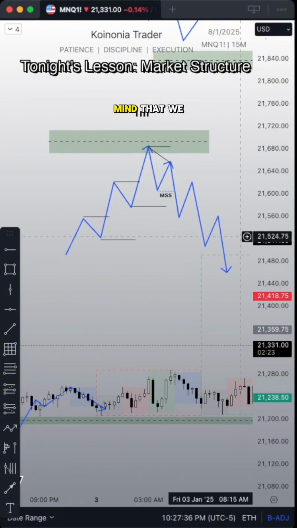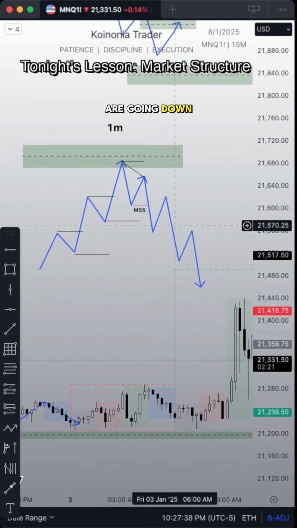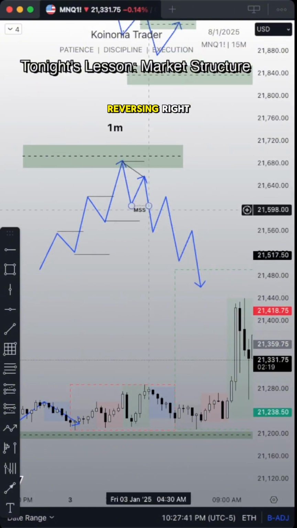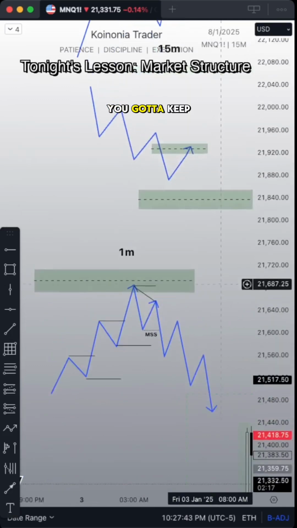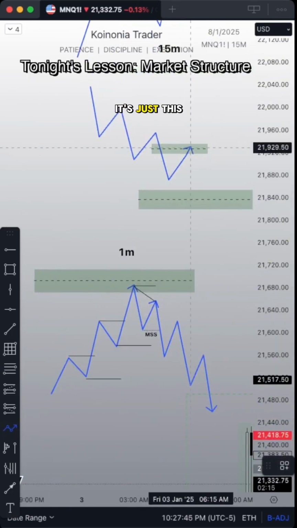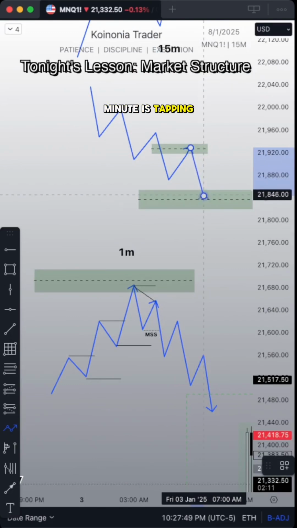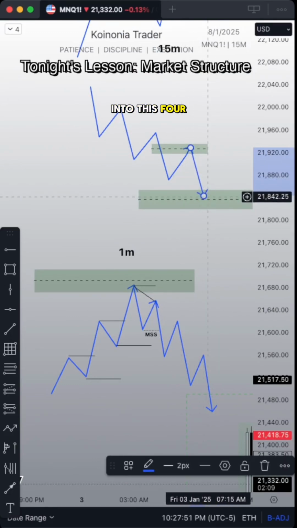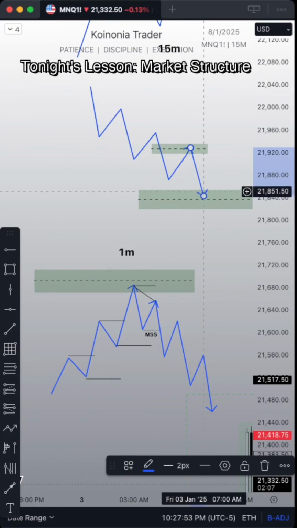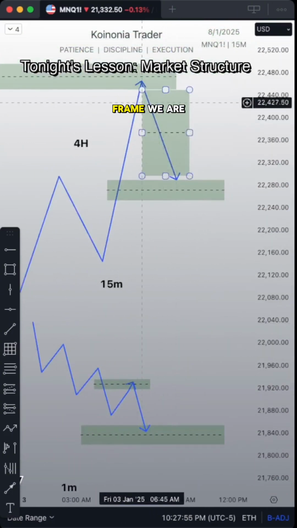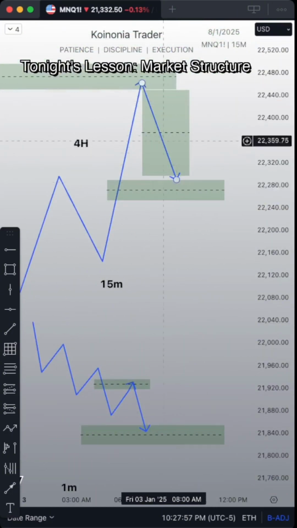Keep in mind that we are going down here on the 1 minute. It looks like it's reversing, right? You got to keep in mind that the 15 minute, it's just this. All right? Now the 15 minute is tapping into this 4 hour point of interest, because on the 4 hour time frame we are just this.